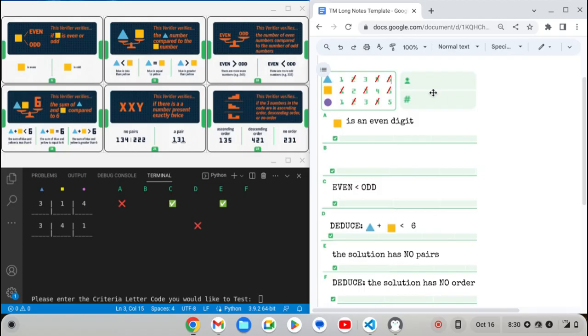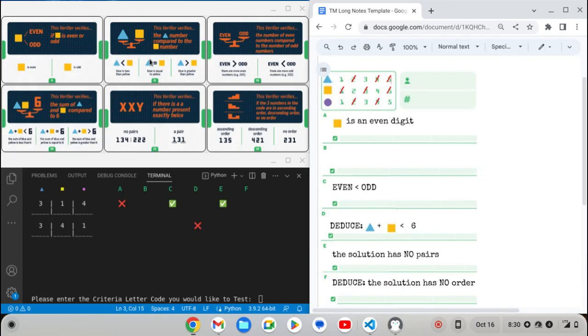Well, it certainly couldn't be 3, 4, let's put it that way. It could be 1, 4. And if square were 2, it would work for both, but we do have this criteria card that would order them.